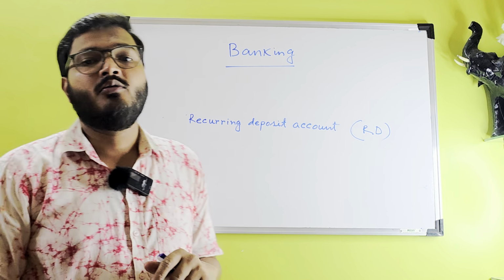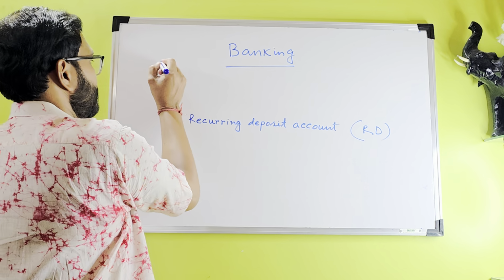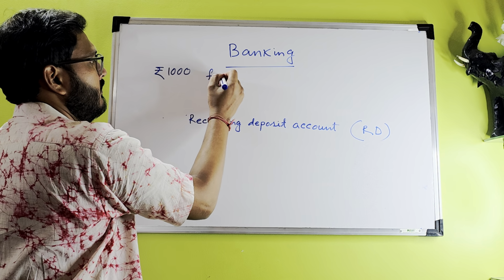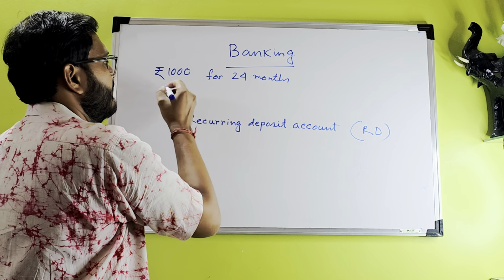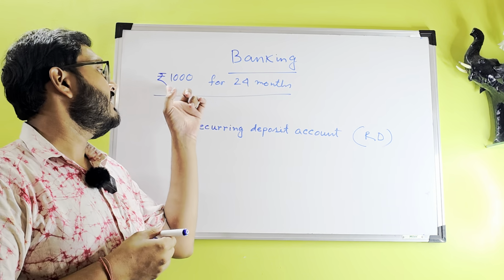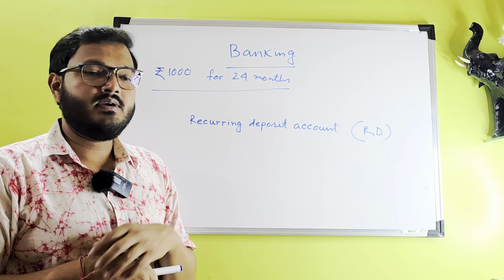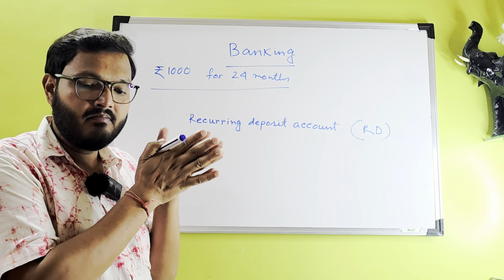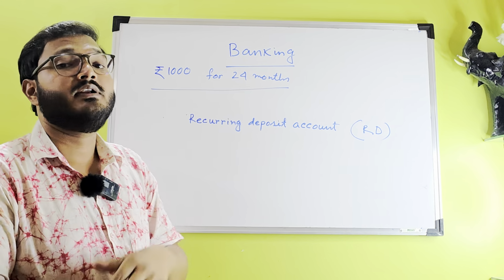So in banking, what happens if I open a recurring deposit account of 1,000 rupees for, let's say, 24 months, then I have to deposit 1,000 rupees in each month, up to 24 months. If I start it today, then every month I have to deposit 1,000 rupees for 24 months.